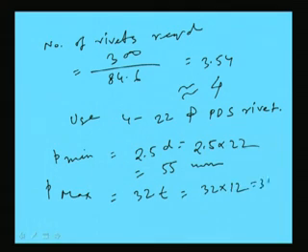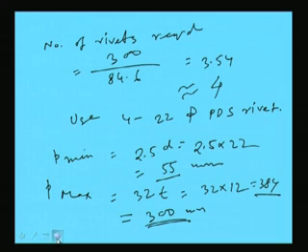So, this is becoming 384, and in any case it should be less than or equal to 300 mm. So, maximum pitch will become 300 and minimum pitch will become 55.